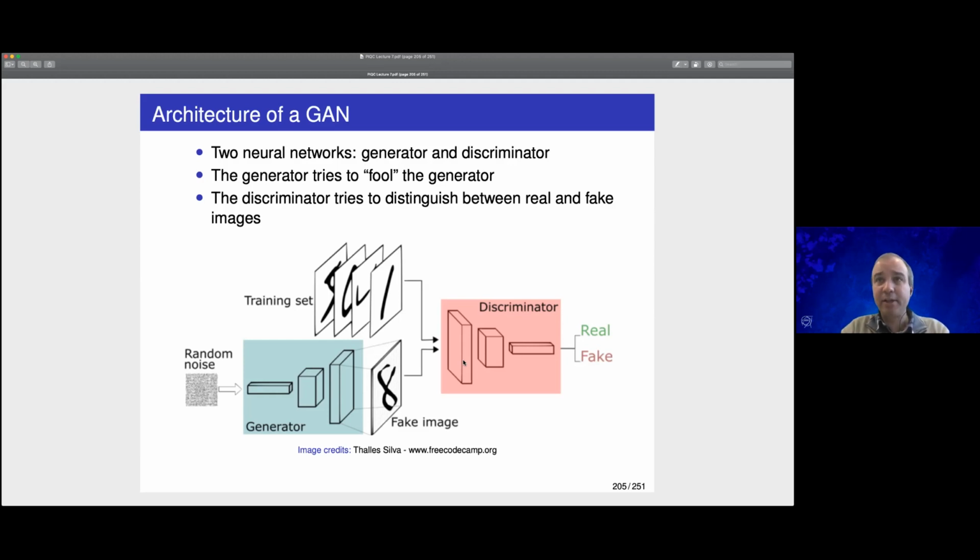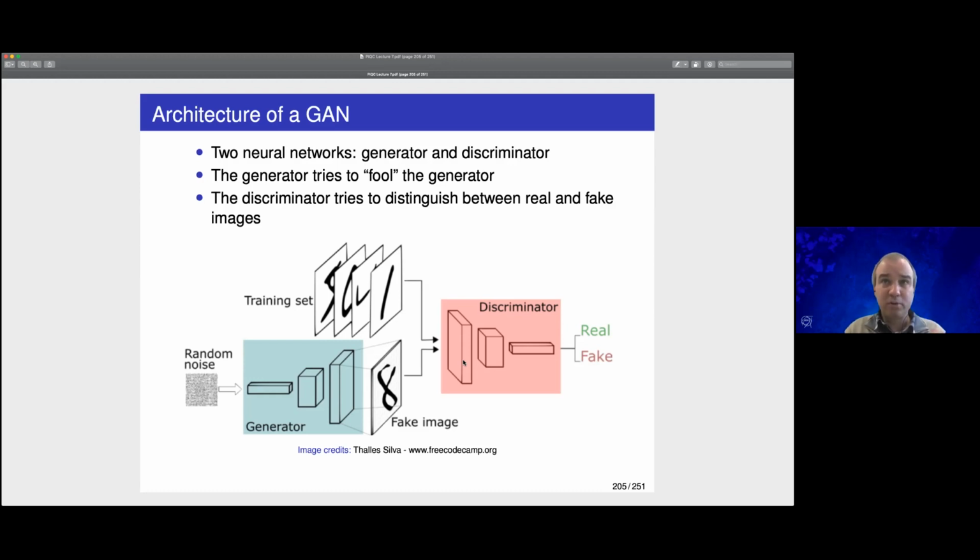And the discriminator is trying to differentiate the real images or the real data that comes from your training data from the data that is generated by the generator, okay? And this is a game in which the generator tries to fool the discriminator to accept the data that it is creating as real, while the discriminator is trying to differentiate the real data from the data generated by the other neural network, okay?